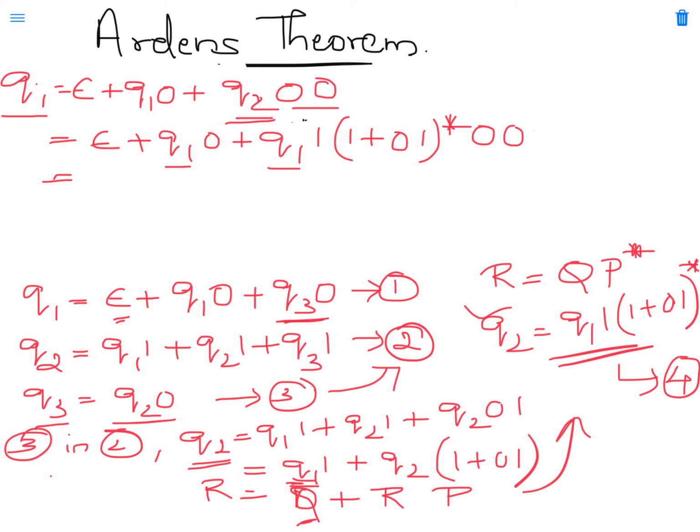So you can write it like epsilon plus Q1, taking Q1 out, 0 plus 1, 1 plus 0 1 the whole star, 0 0.